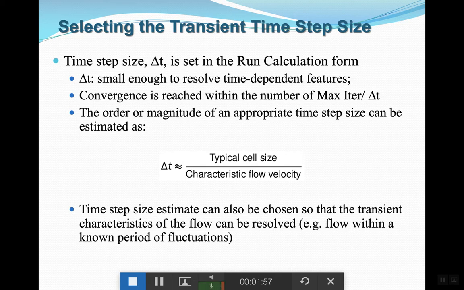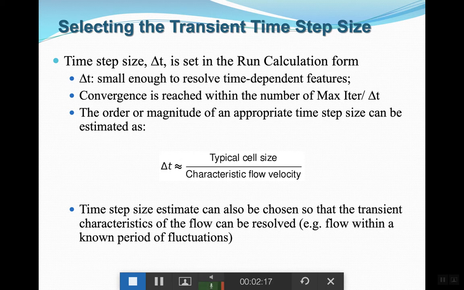Meaning, if the reaction takes place in half a second, in order to properly capture that in your simulation, you have to have enough time steps in there to be able to simulate it. So that's very, very important.